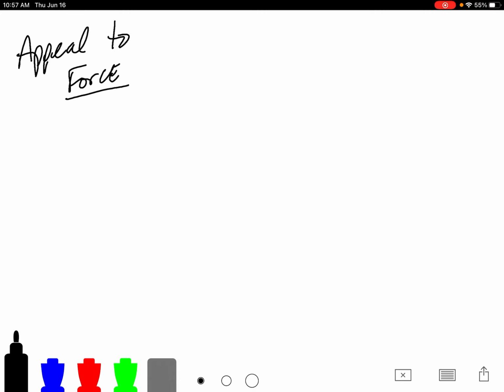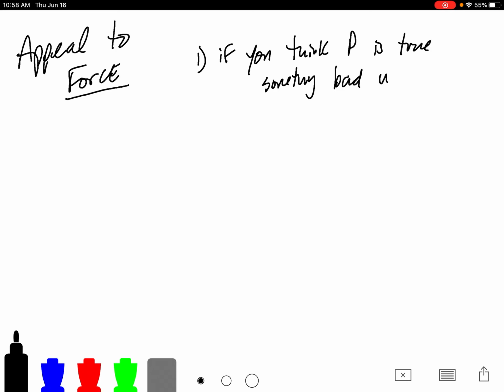So the pattern of an appeal to force is to first identify that if you think that some proposition P is true, then something bad will happen. And then so proposition P is false.